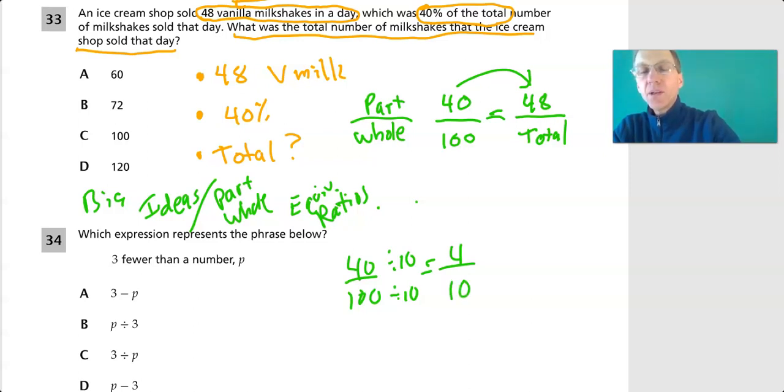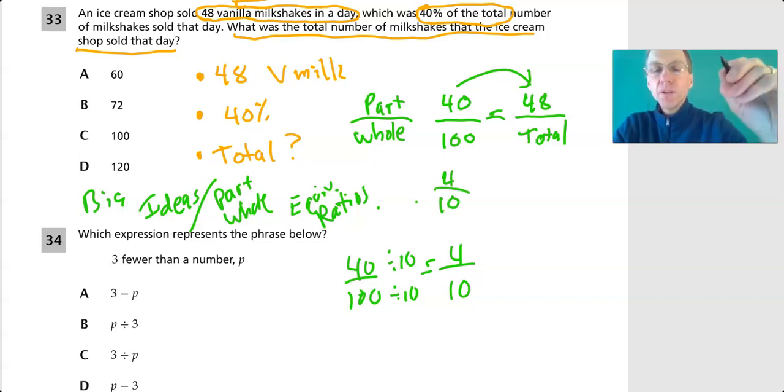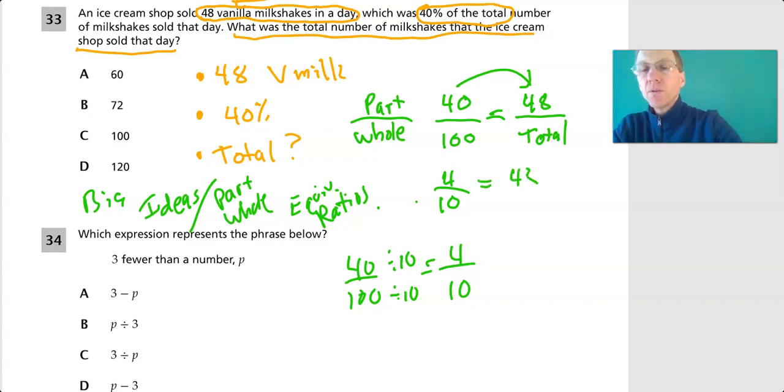I could go further, but you know what? That's going to work for me. So let's make the math work for you. Okay, make the math work for you. So 4/10 is the same as, whoops, that's 48 over the total. So I can get this right away. So now, easy thing to do is I can say, okay, 4 times what? 4 times what equals 48? Okay, that's going to be times 12.